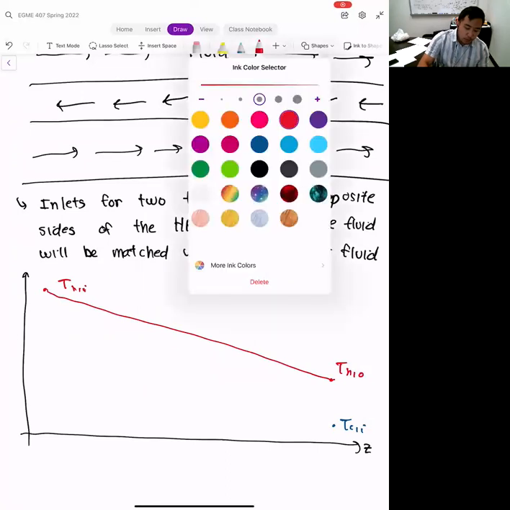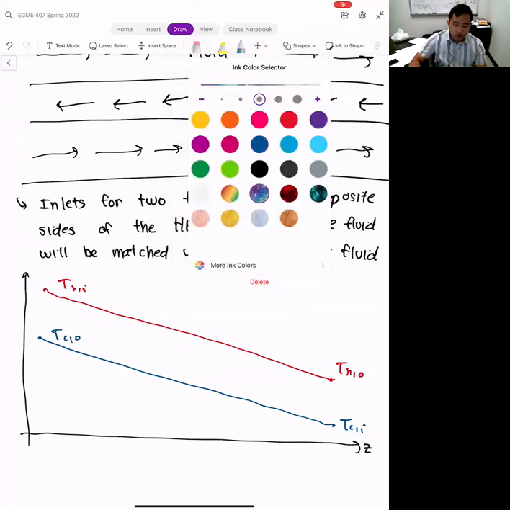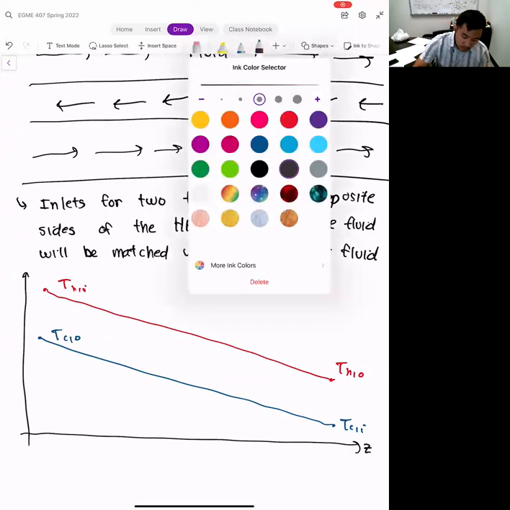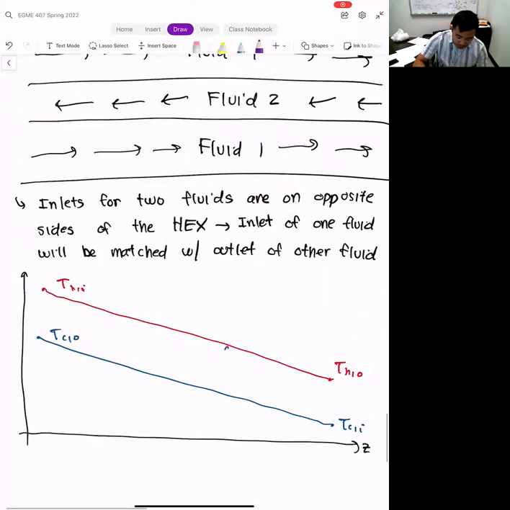Meanwhile, the temperature of the cold fluid will go up, just like that. The difference here, compared to our parallel flow, is that if you look at the delta T between them, delta T is pretty consistent.